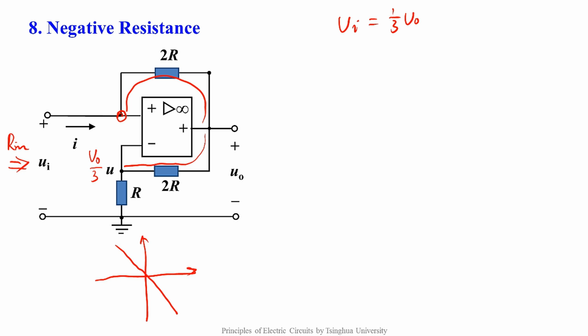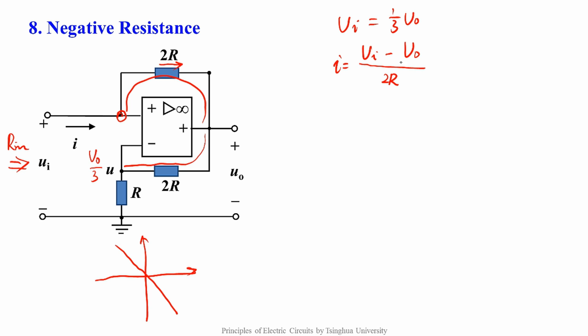Secondly, we will find this current. According to the virtual open property of the ideal op-amp, it equals the current through the 2R resistor. Therefore, I equals UI minus UO over 2R.